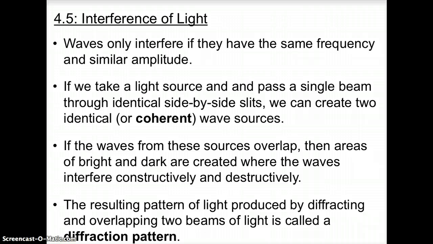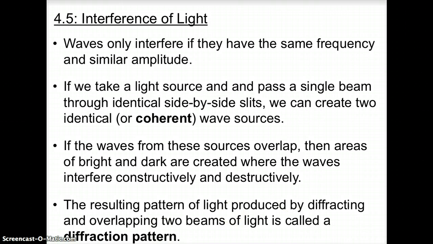If we actually did this experiment and sent a beam of light through two side-by-side slits, and put a screen somewhere away after the slits, after the light has had enough time to pass through, spread out, diffract and overlap, it would reach the screen and produce this pattern of darkness and brightness, which would show exactly where we had canceling out of the waves and where we had the waves in phase.